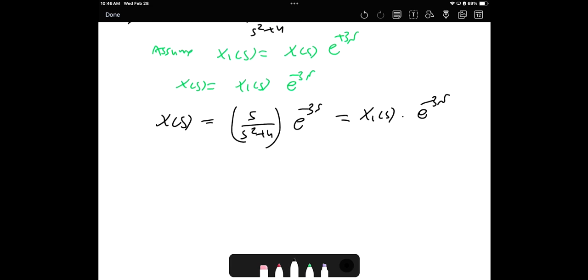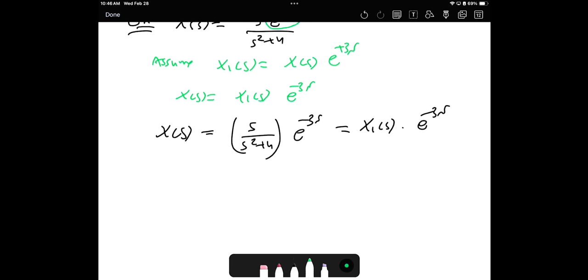So X1 of s is s over s squared plus 4. We will solve X1 of s alone, then multiply the final answer by e power negative 3s.